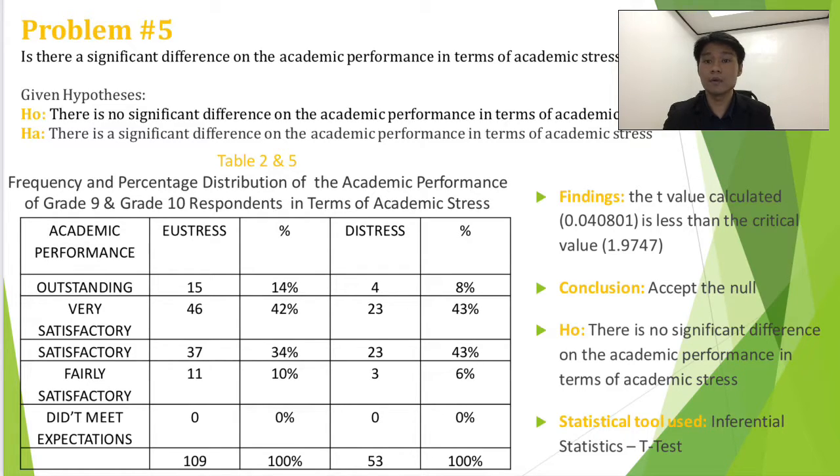For this problem, we use tables 2 and 5 to solve the findings and conclusion. For the findings, the t-value calculated, 0.040801, is less than the critical value of 1.9747. Conclusion, accept the null. There is no significant difference in the academic performance in terms of academic stress. The statistical tool used is inferential statistics, the t-test.